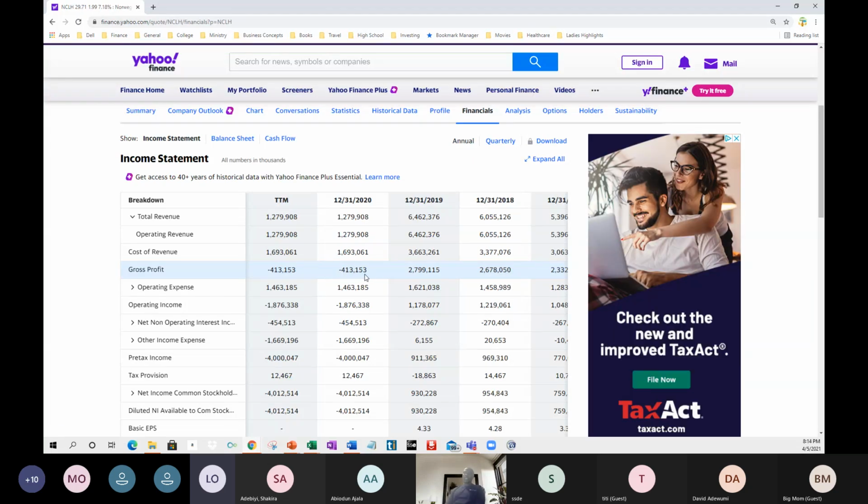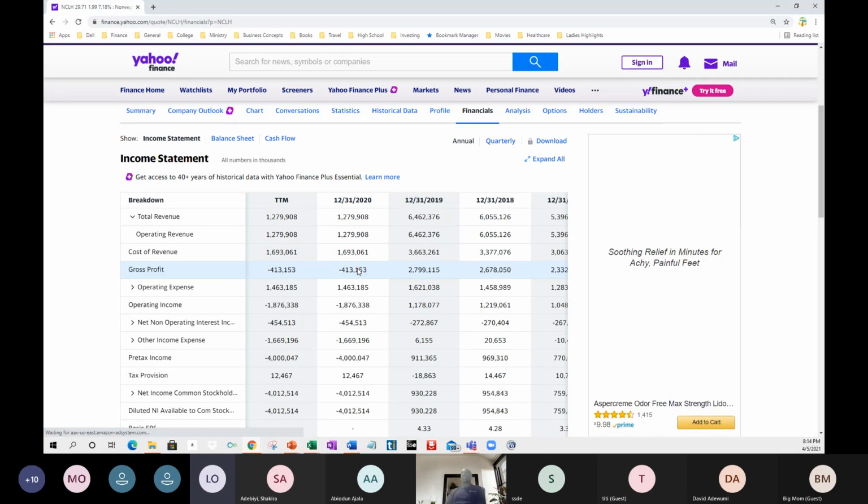Okay? So I just wanted to talk a little bit about that, because if you look at just one item and you're not able to explain the why, then you might miss an opportunity to invest. But in this case, if you understand the why, I'm not saying you should invest in Norwegian Cruise Line or not at this point.